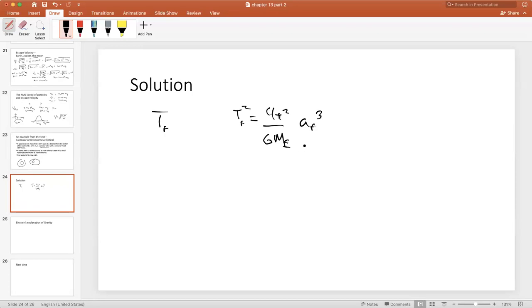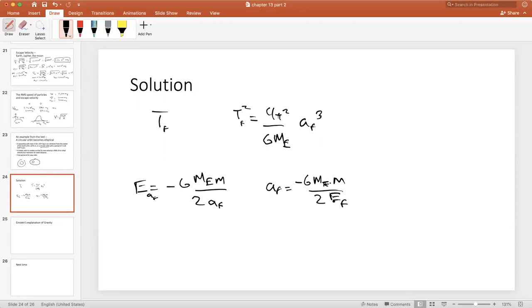To find A final cubed, I know my energy at A final will be minus GM of the Earth, m of the rocket, over 2 times A final. Because of that, I can solve this as A final equals minus GM_E times m over 2 times the energy final.